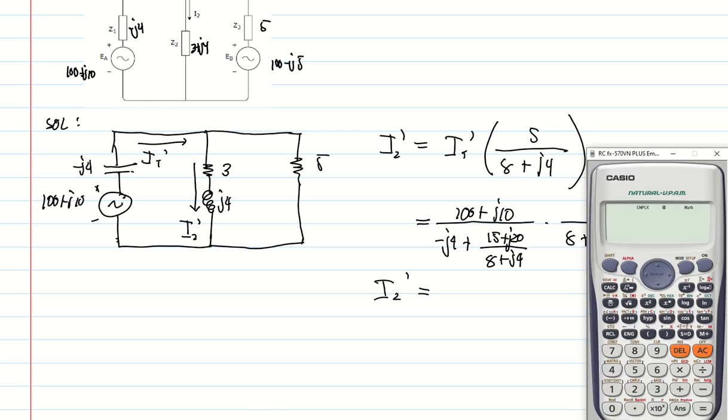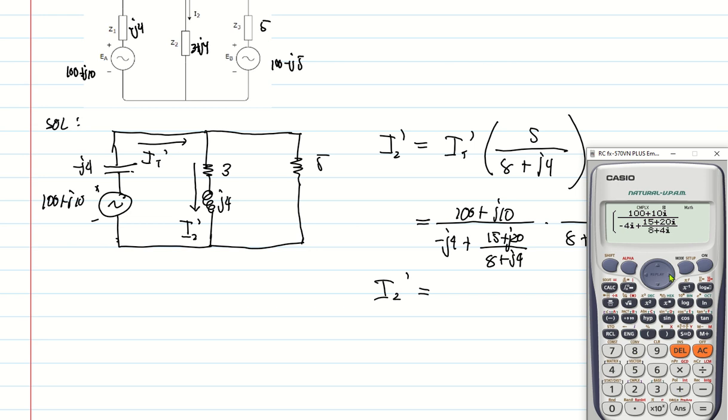So we input 100 plus j10, all over negative j4 plus the parallel combination, 15 plus j20, all over 8 plus j4.